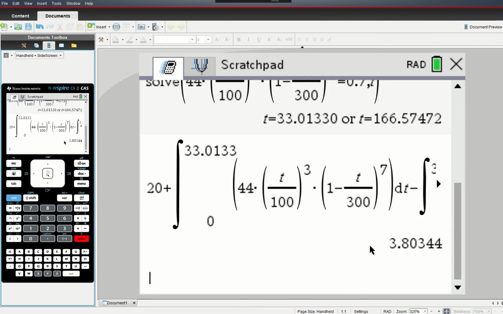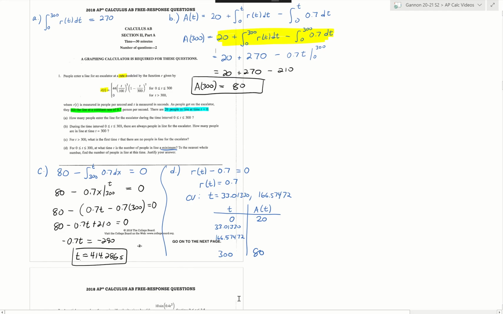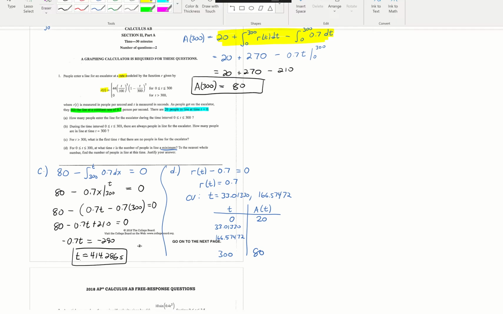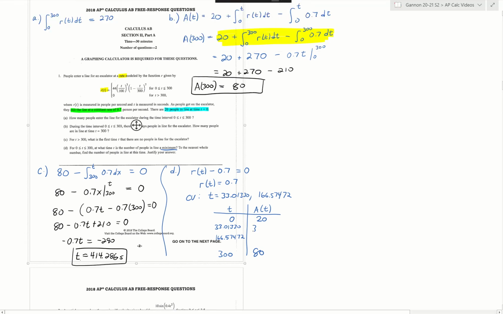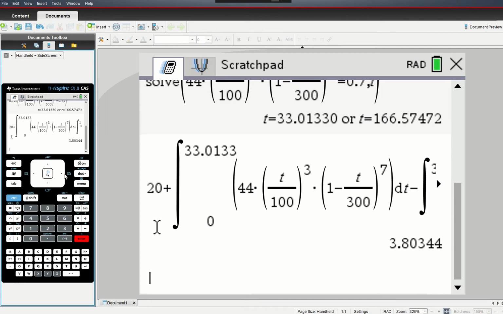Hit enter, and we find out that there's about 3.803 people in line at that time. So if you go back to your chart, this is now approximately 3.803.